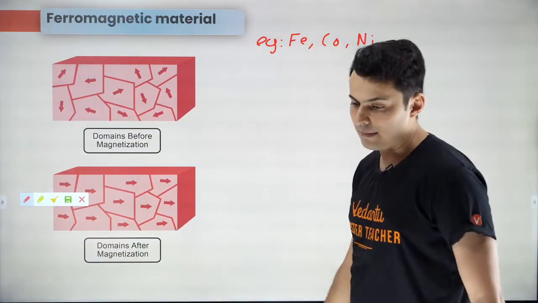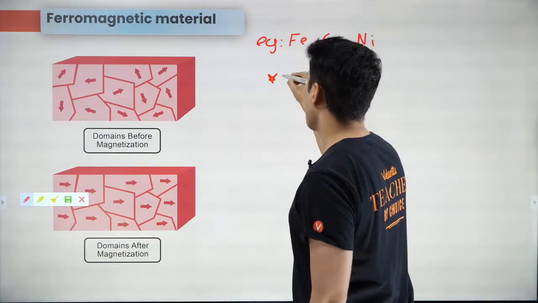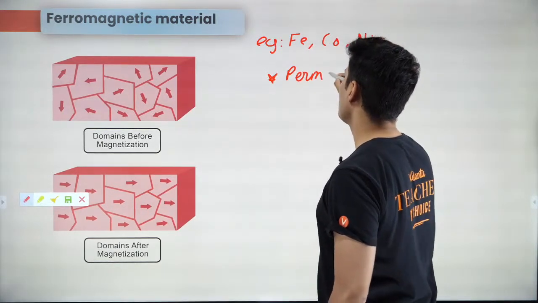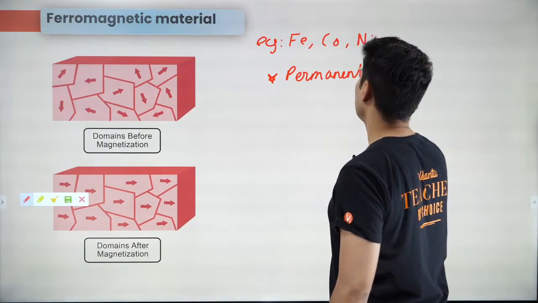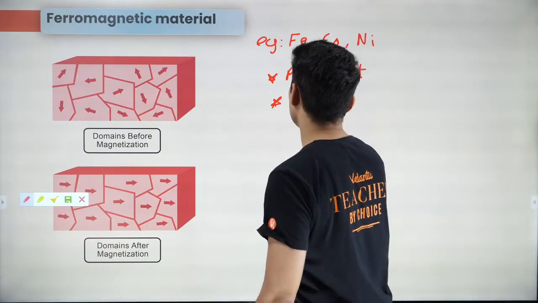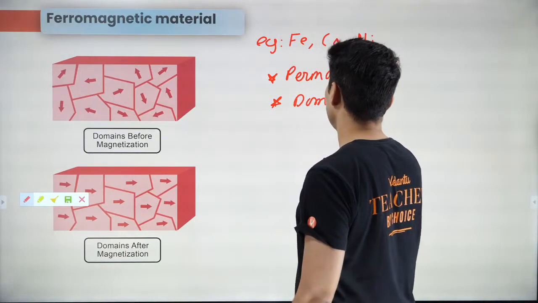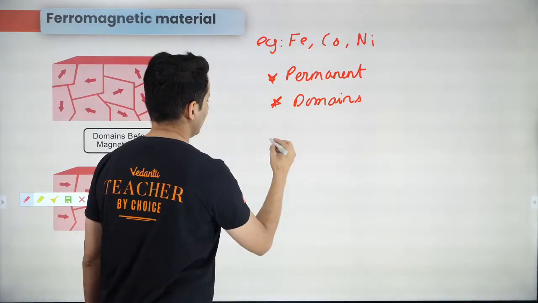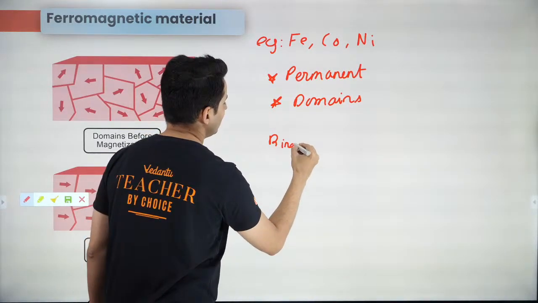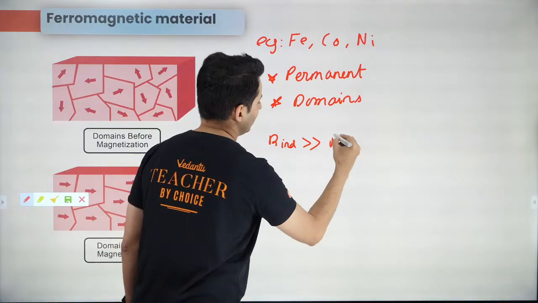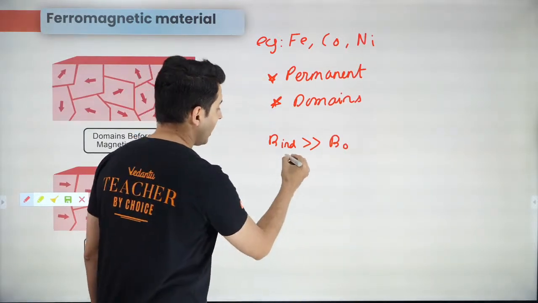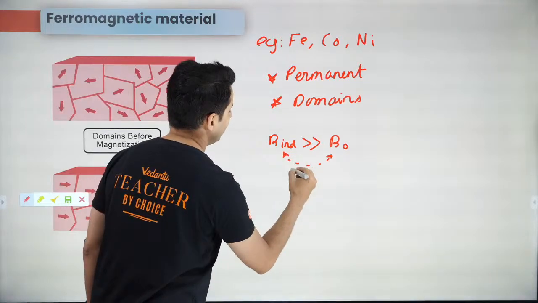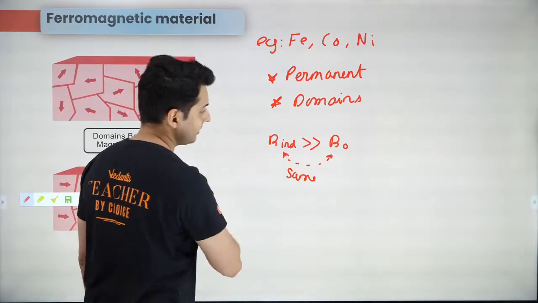Obviously they are permanent in nature, so the effect is permanent. This is because of domain formation, not because of atoms or anything. Because of domains, the induced field is much higher than the external field, and they are in the same direction, guys.